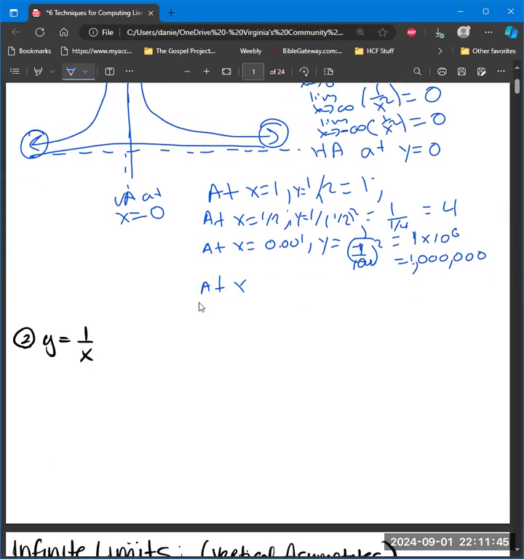At x equals 10, y equals 1 over 10 squared, which is 1 over 100, or 1/100.